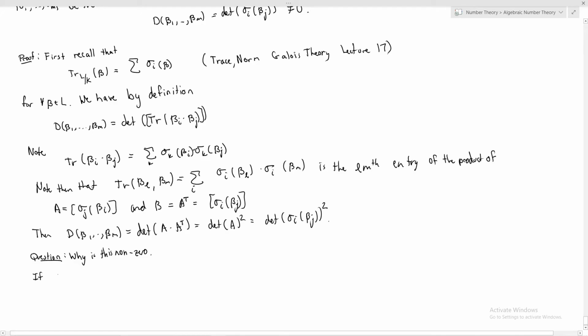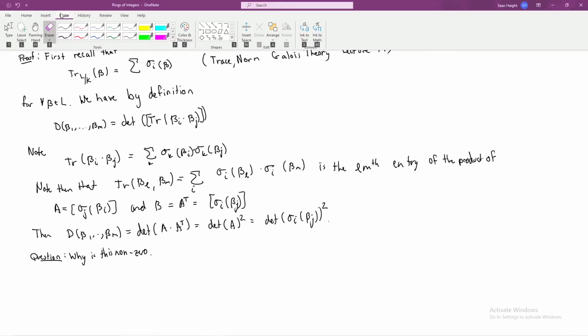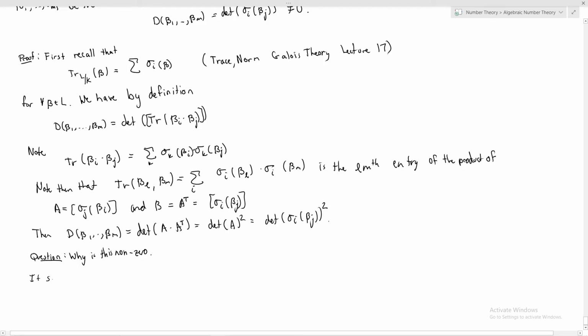So it suffices to show the columns of the matrix, sigma 1 beta j through sigma m beta j, are linearly independent. Maybe the I and the j should be swapped, but it doesn't matter.